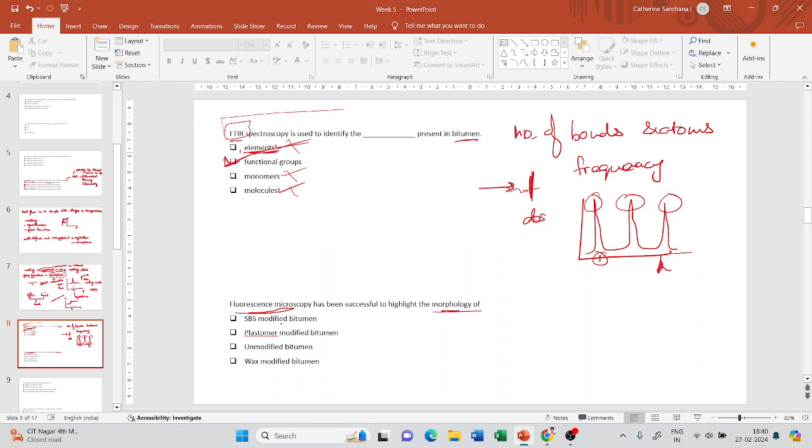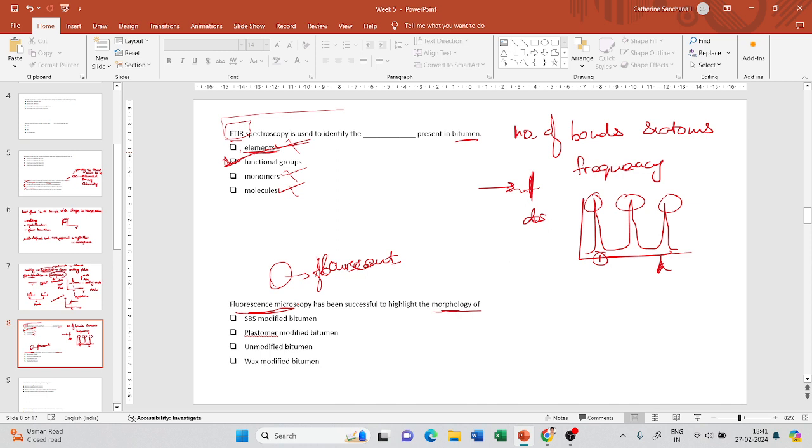What this will do is, if your material has fluorescent particles in it, then it can be captured in fluorescence microscopy. An ordinary bitumen does not have any fluorescent particles, so it cannot be captured by a fluorescence microscope.